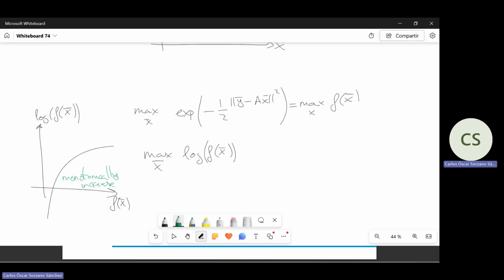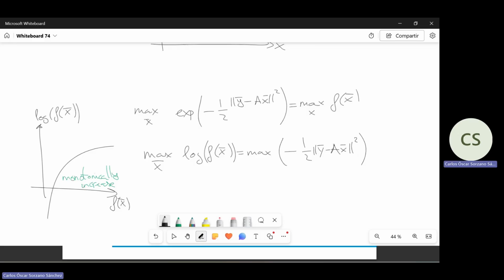If this function always increases, then maximizing the function or maximizing the logarithm of the function doesn't matter. But the logarithm of the function is much easier, because the logarithm of the exponential is simple.